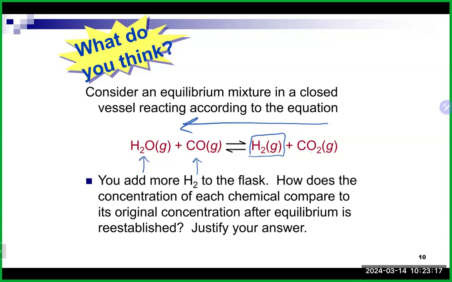The CO2, we should see a decrease, because in order for that reverse reaction to take place, we need both products reacting. And for our H2 in this case, it will be similar to what we talked about with the first example. It artificially will go up because we added it, but once that reverse reaction starts, it will start to come back down in the same direction as the CO2. Any questions on any of that there?